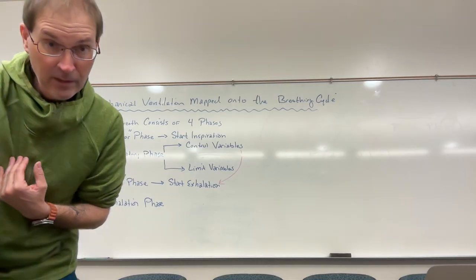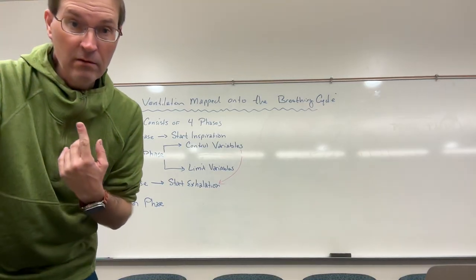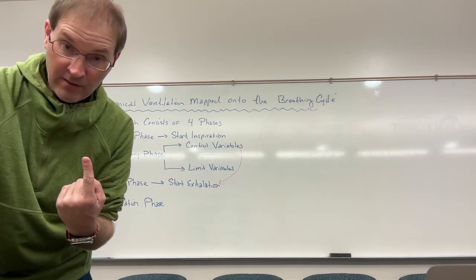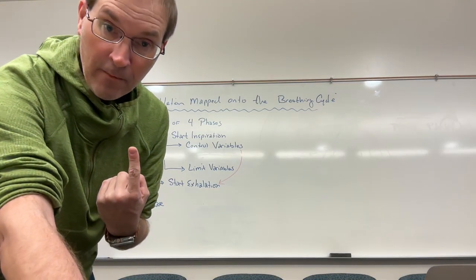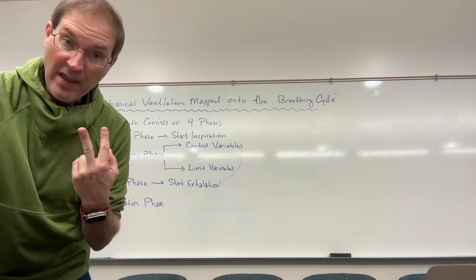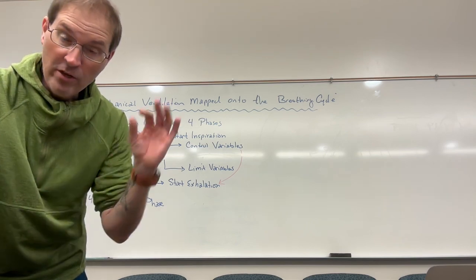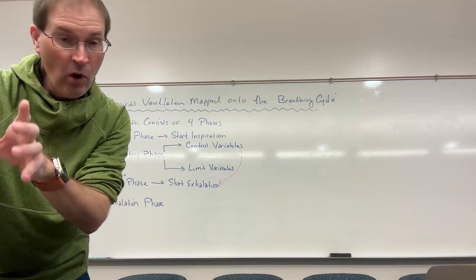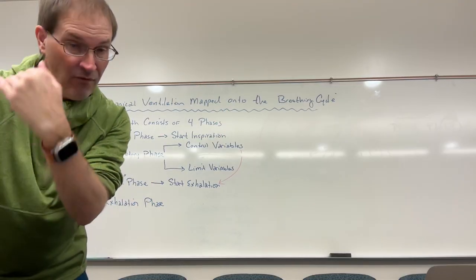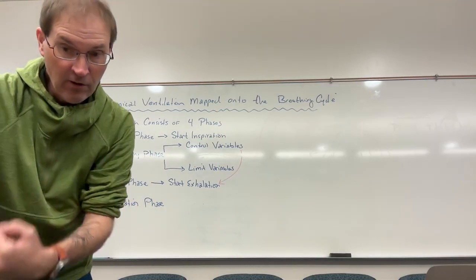All right? So you could have volume control ventilation where you are using volume as your control variable, but you might have a pressure limit where you say, I want you to target this tidal volume, but I don't want you to exceed this airway pressure, all right?